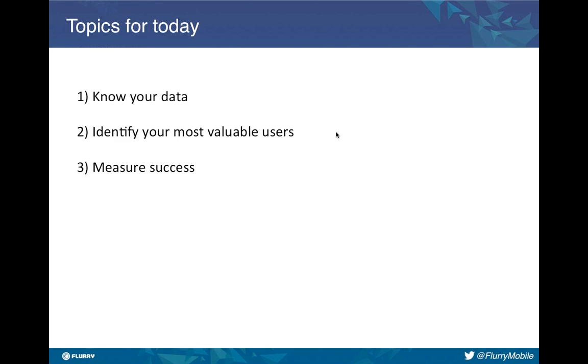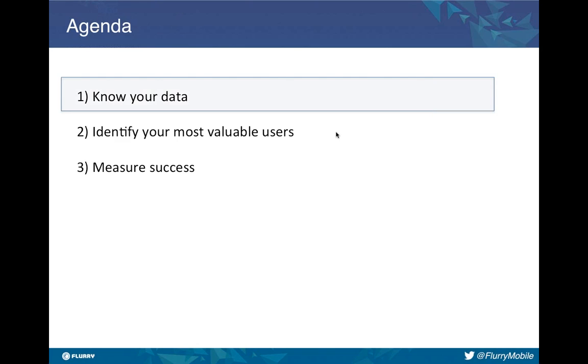And using the data that you set up in the first section, you'll be able to capture who are your most valuable users. And then the third thing we're going to show you is how to measure success. So once you've identified your most valuable users, we're going to take you into what are the ways that you can continue to capture them using some of the other tools that Flurry has.